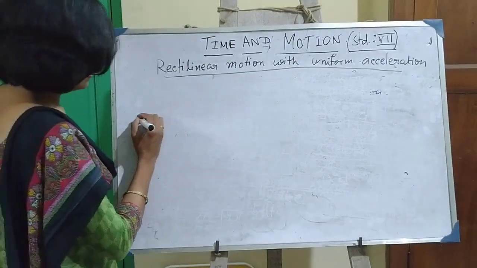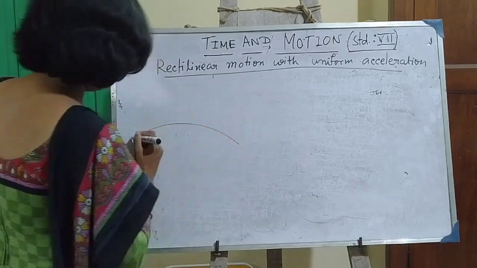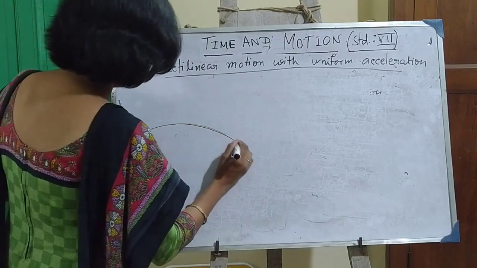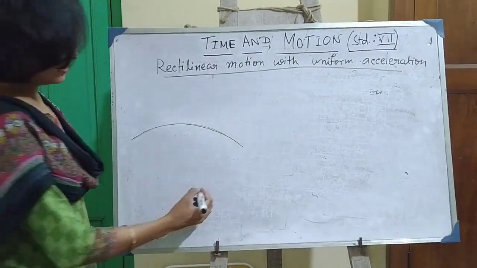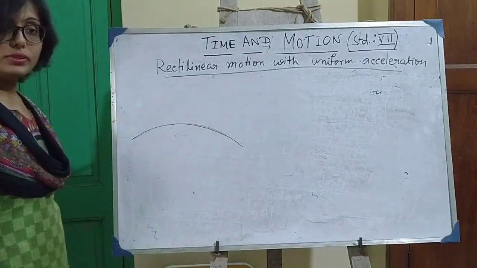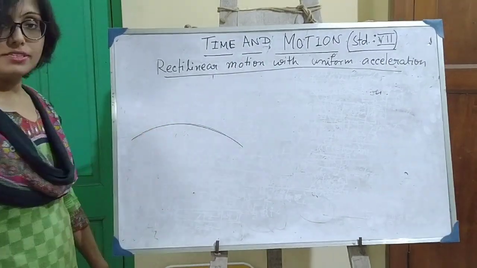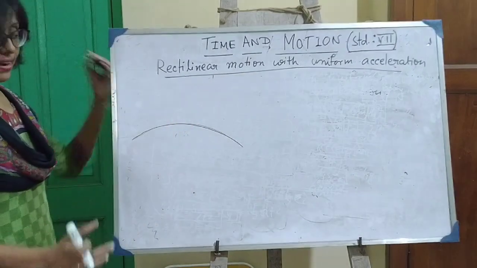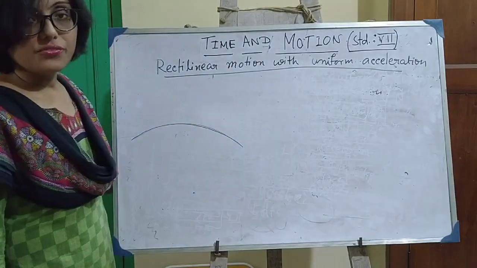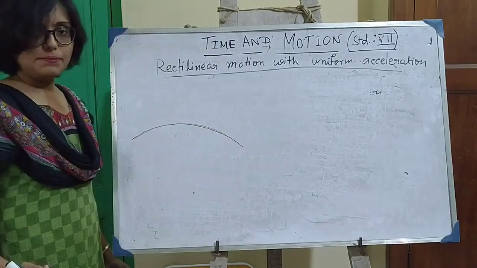Now, suppose this is the surface of earth, and this one is the center of earth. So we know that gravitational pull or gravity is present here. That means the earth attracts each and every material body towards its center.